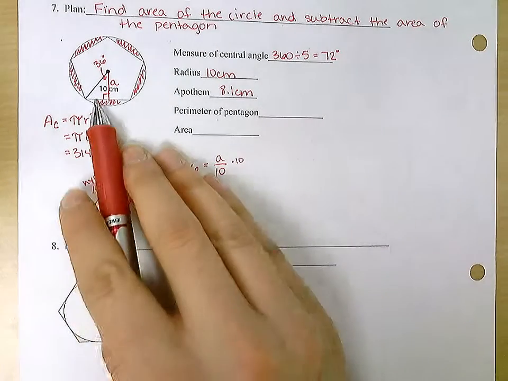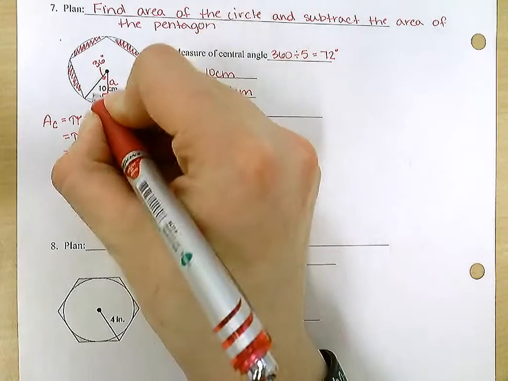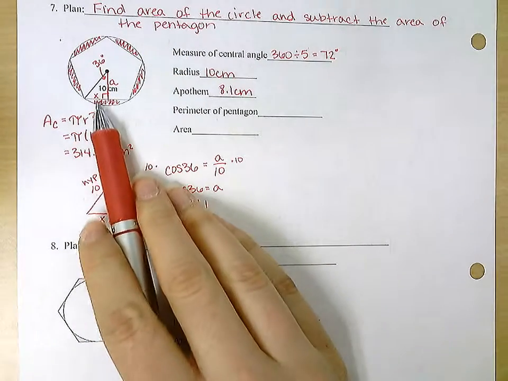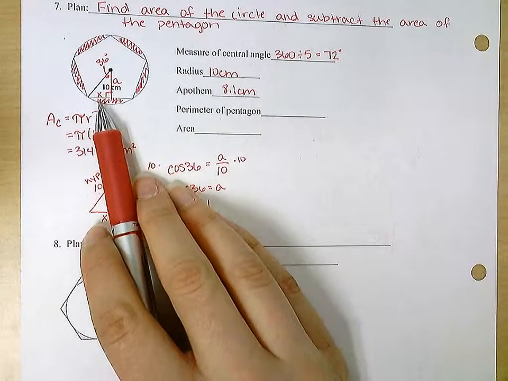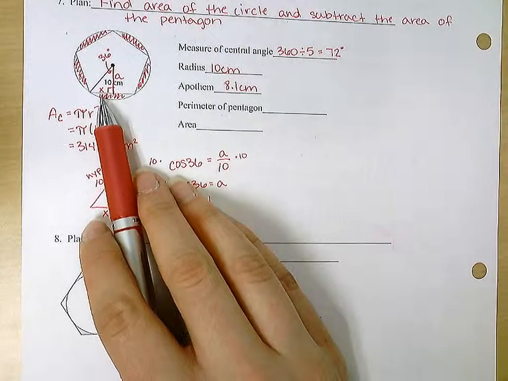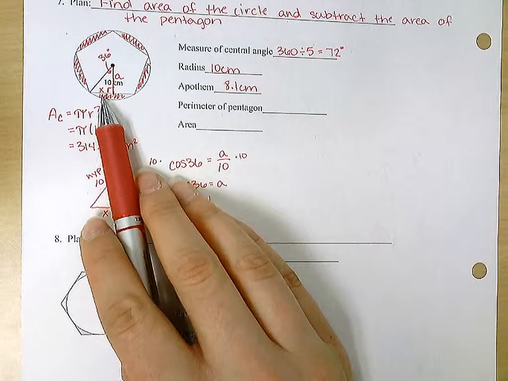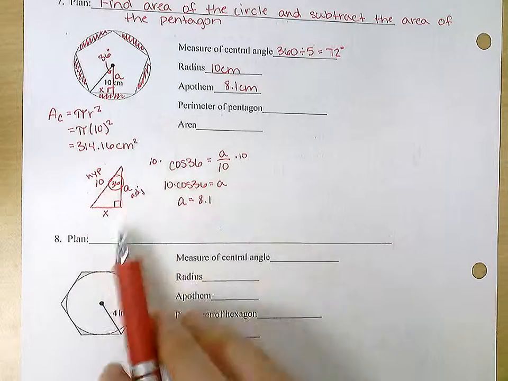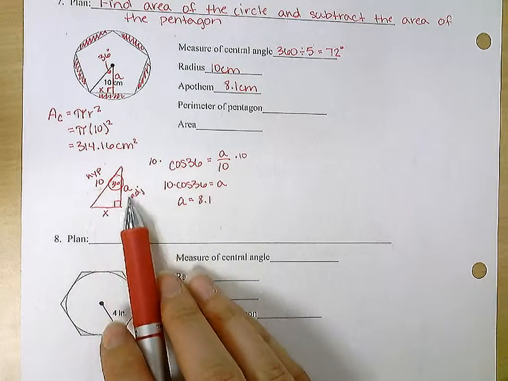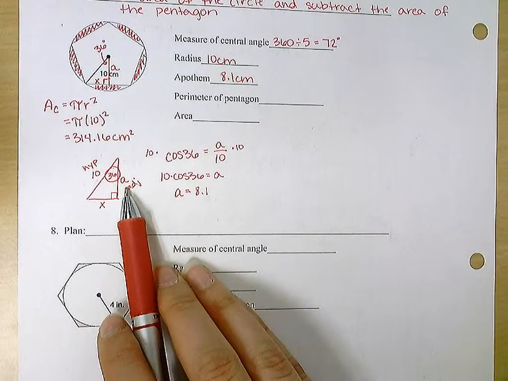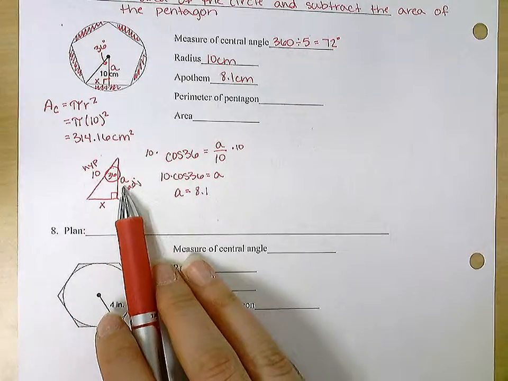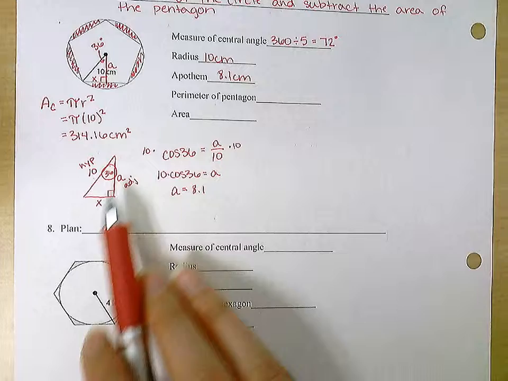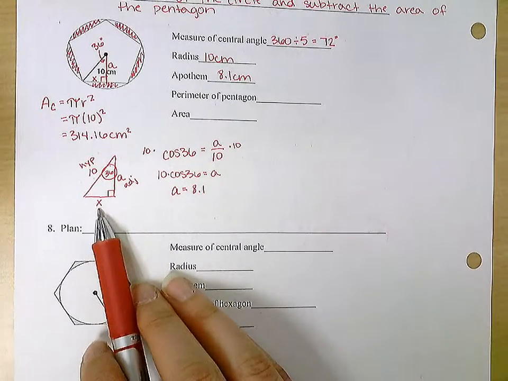So that means I need this missing side length here that I labeled as x. I'm missing this side length, and I have two of my sides in this right triangle. So I can use the Pythagorean theorem to find that third side.